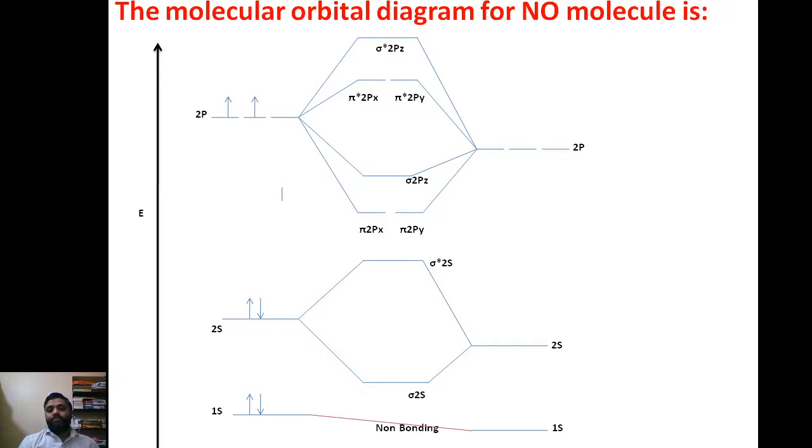One electron should be filled in each orbital. Do not fill two electrons in the first orbital, because Hund's rule is violated, and if Hund's rule is violated, your energy level diagram is wrong. Therefore, by Hund's rule, fill one electron in each orbital of the same energy level. This is 2 plus 2 is 4, 4 plus 3 is equal to 7. Nitrogen's atomic number is 7.